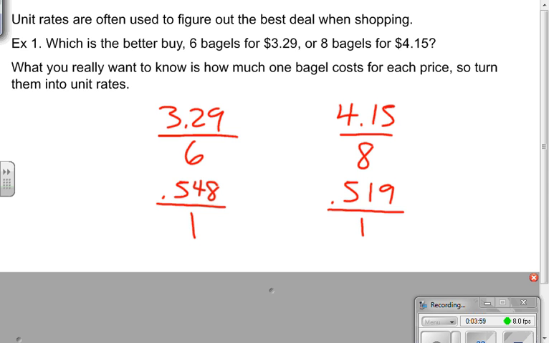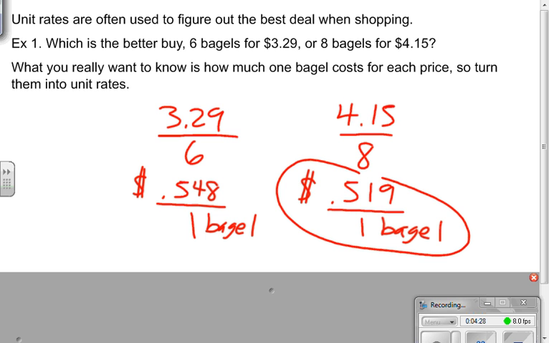Now what this tells me, over here on the left, for the one that had 6 bagels, this means that one bagel is about 55 cents. Over here on the right, one bagel is about 52 cents if I round that. So the one that's the better deal, that's going to be the one that's cheaper. So it's cheaper to buy 8 bagels than it is to buy 6 bagels. That's how a unit rate works.